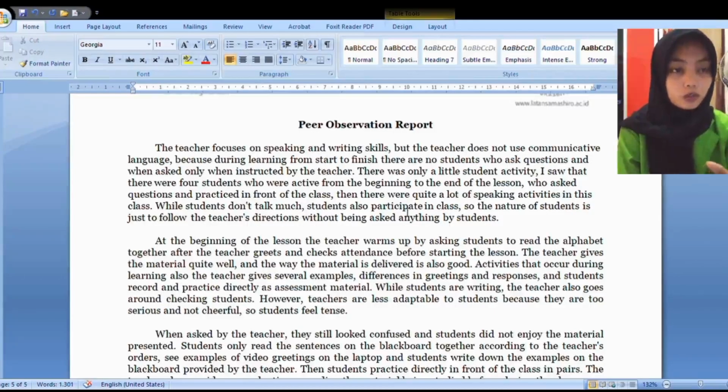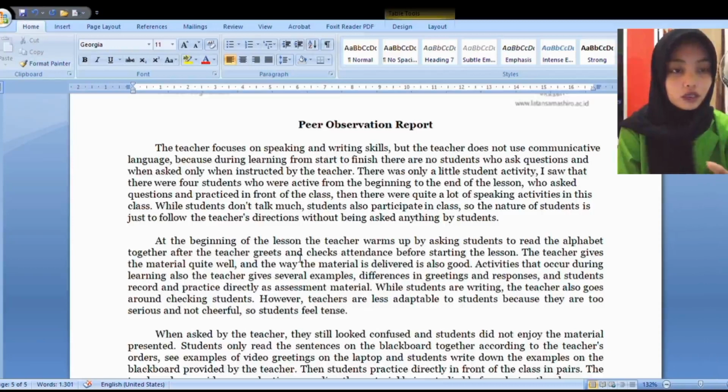So the nature of students is just to follow the teacher's direction without asking anything. At the beginning of the lesson, the teacher warms up by asking students to read the alphabet together.